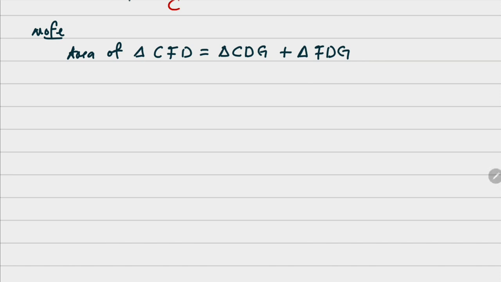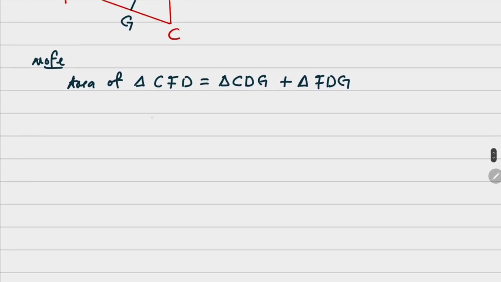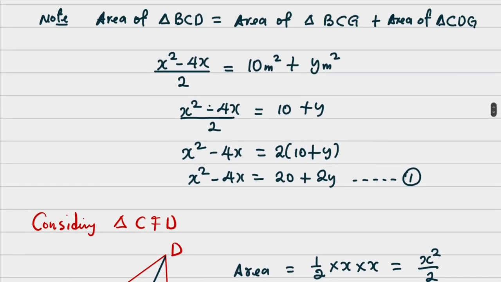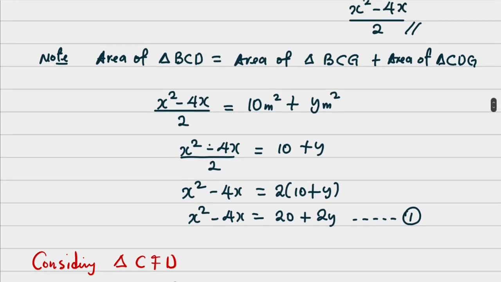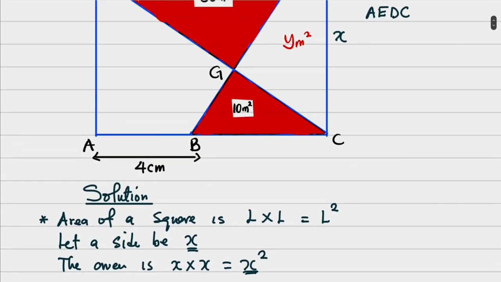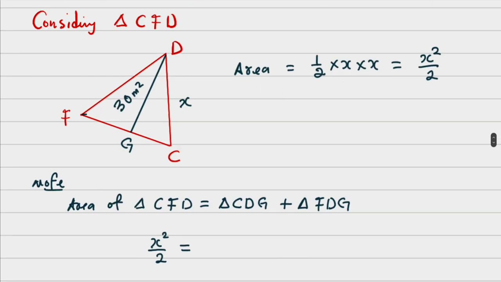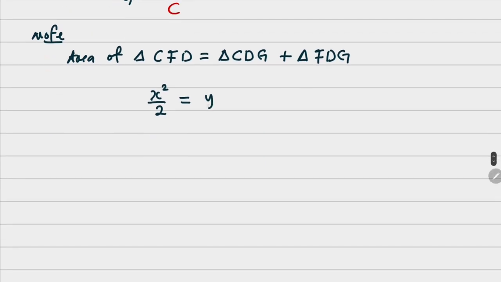Now, because of what we've done, the area of CFD, we found it already, which is x squared over 2. So we're going to have x squared over 2 equal to area of triangle CDG. Now, look at it from here. We say area of triangle CDG is y meters squared. Let me show you. Okay, y meters squared.